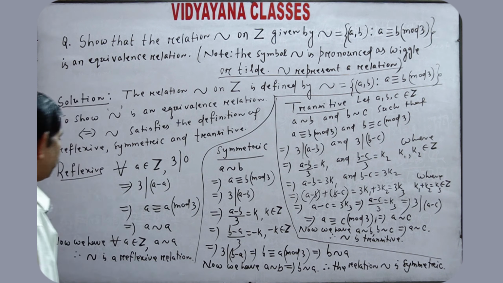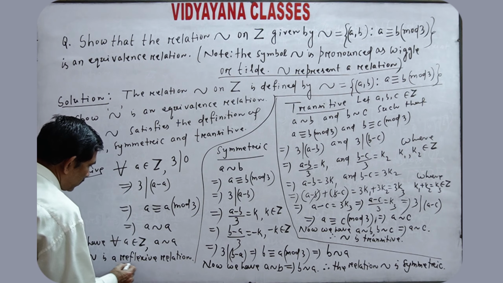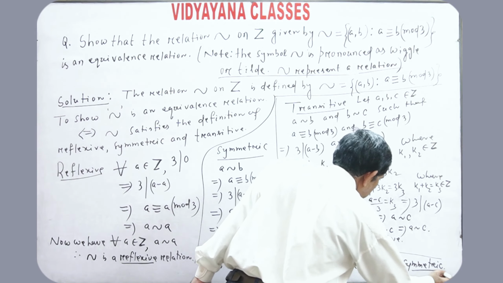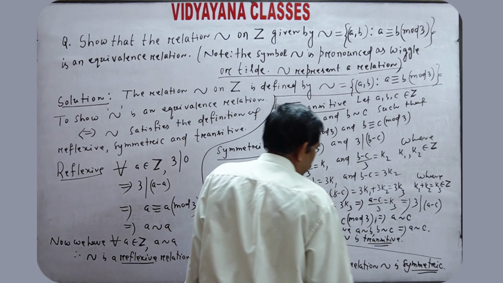Now we have, clear? Now we have weakly is reflexive, weakly is symmetric, weakly is transitive.